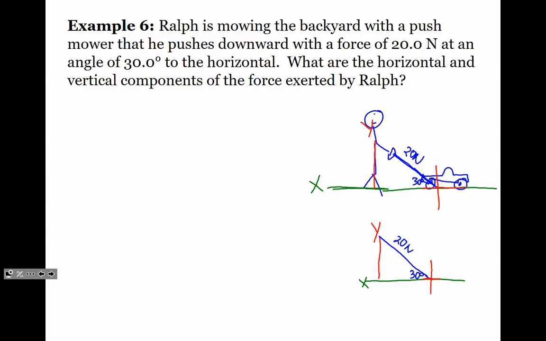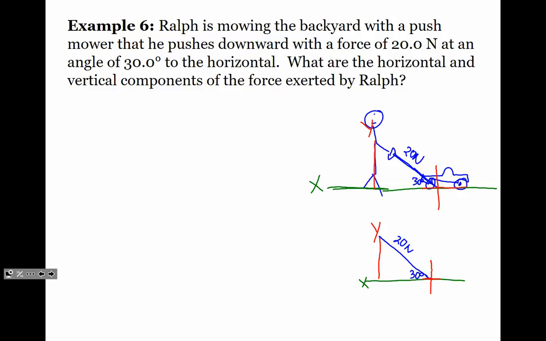Now remember, horizontal goes from side to side, and that always represents x, and vertical is up and down, which represents y. So I've got to find basically a and b, but I don't have two sides. I've only got one side. So let's identify.